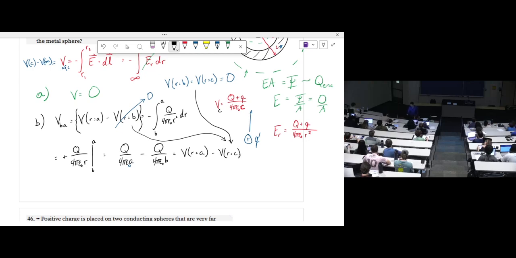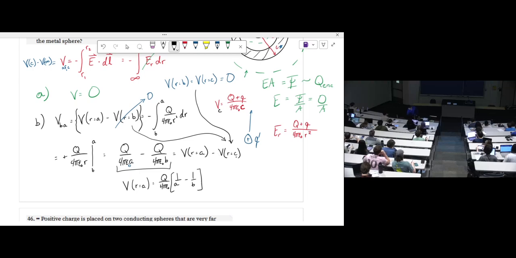So we would have to consider both of those together. So the potential at R equals A would then have to be this mess right here. So Q over 4 pi epsilon naught times 1 over A minus 1 over B.